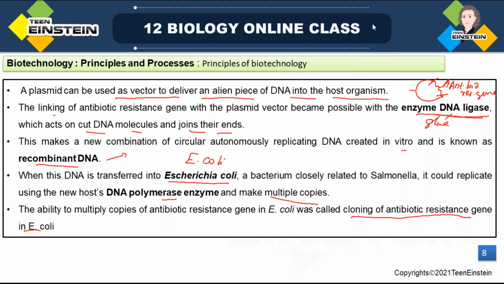Okay. Then you are multiplying that. For the multiplication effect, you are using another enzyme, DNA polymerase enzyme, that makes multiple copies. That ability to multiply copies of the antibiotic resistant gene in E. coli was called cloning of the antibiotic resistant gene.